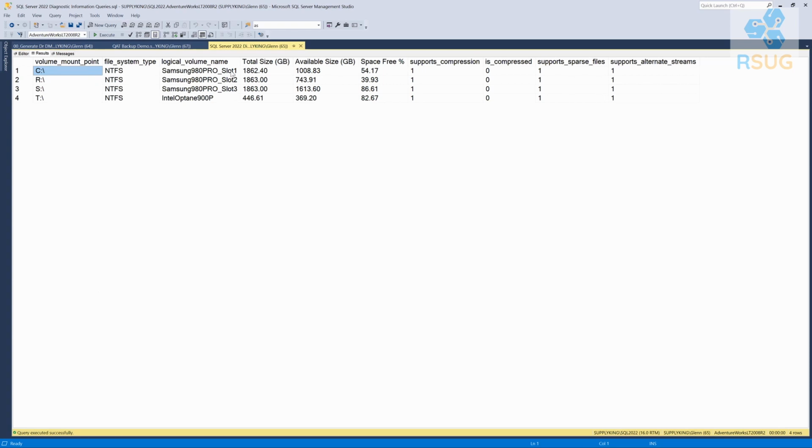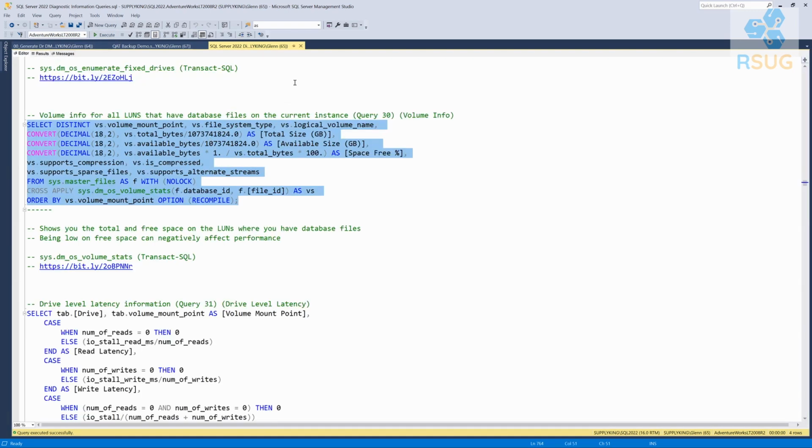So you get some more information about them, how big they are and how much space they have available and how much percentage they have available. And depending on what kind of drive you have, it's bad to be running low on space, not just because you're going to run out, but it actually hurts performance, both with magnetic drives and with SSDs. They don't perform as well, regular NAND SSDs, when they're close to being full.